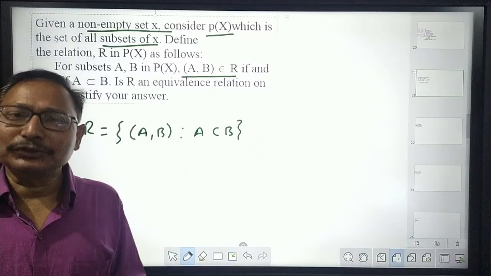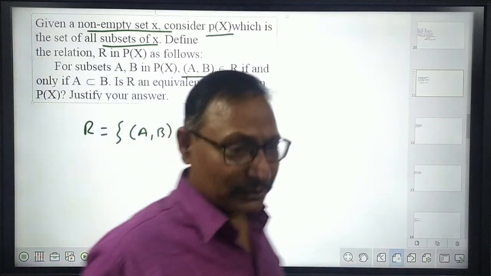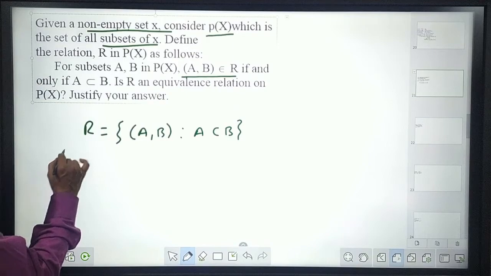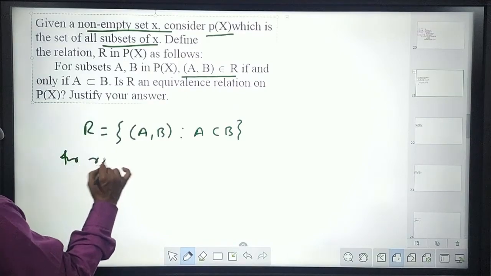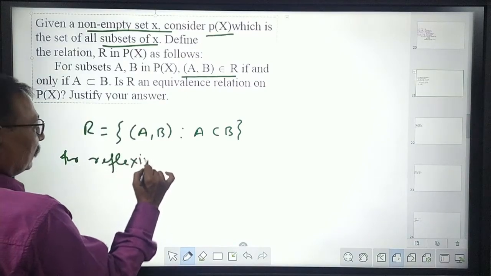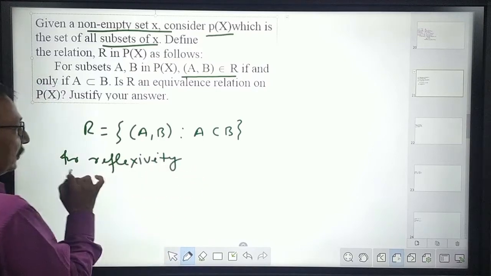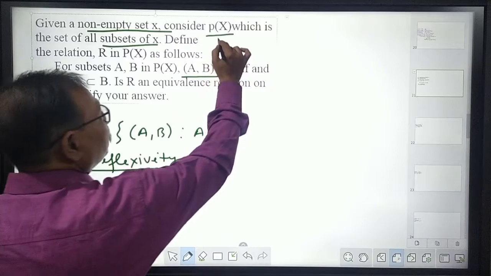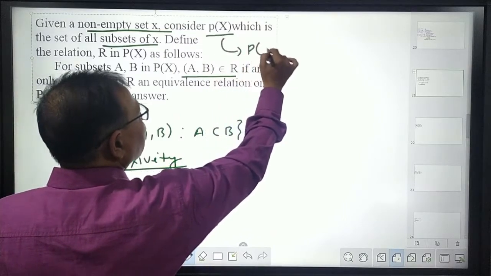And now we are to check its reflexivity, symmetricity and transitivity. So quickly come over to reflexivity. For reflexivity, we should take one element from the given set, and the given set is the power set.